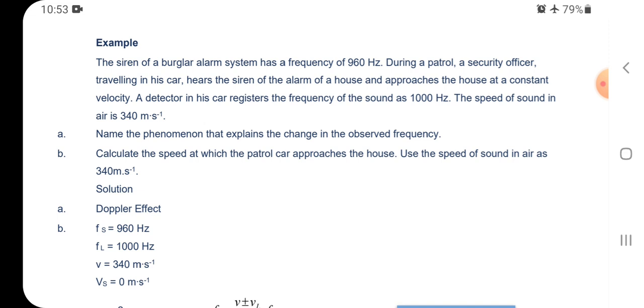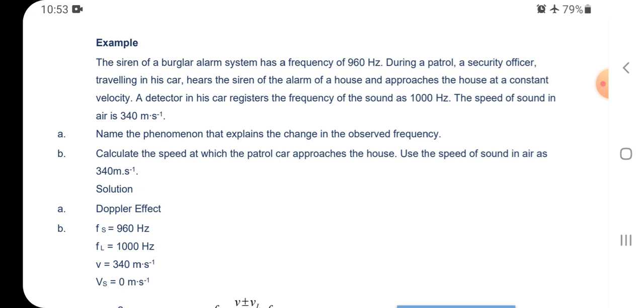It's always bigger than the frequency of the source. When you hear the sound of a siren approaching, it's higher in your ears than it actually is. The speed of sound in air is 340 meters per second.